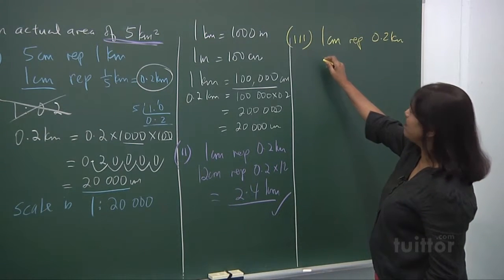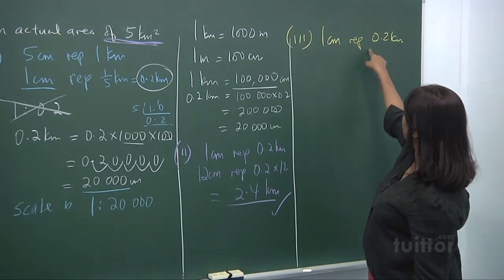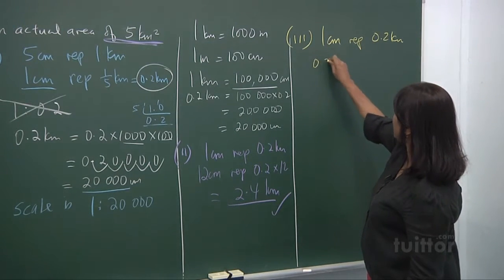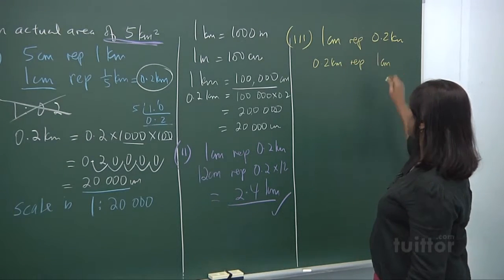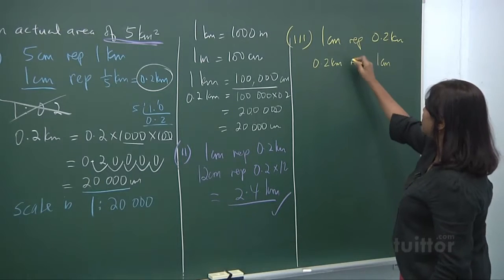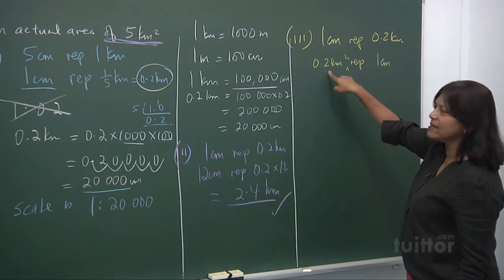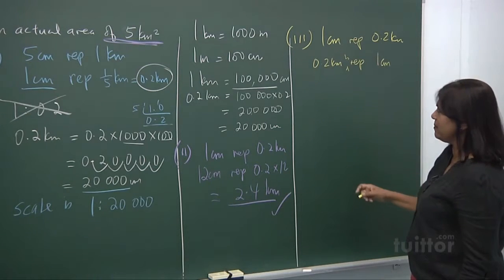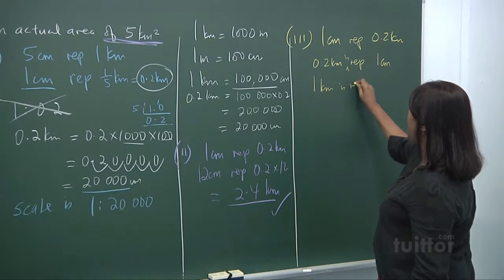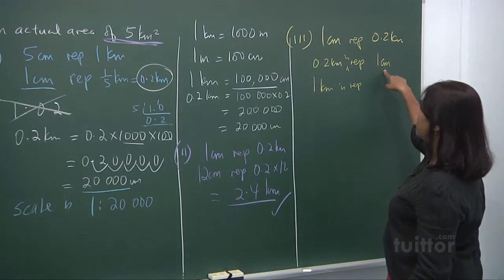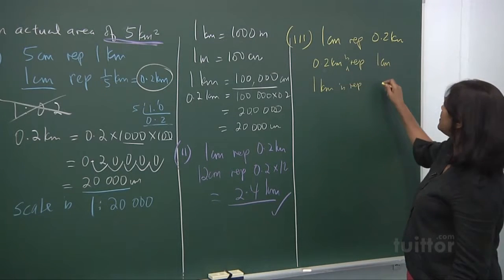Let's look at this again. 0.2 km is represented by 1 cm, right? I better write, because this is the actual, this is the scale. Now 1 kilometer is represented by, now this is 1 divided by 0.2.